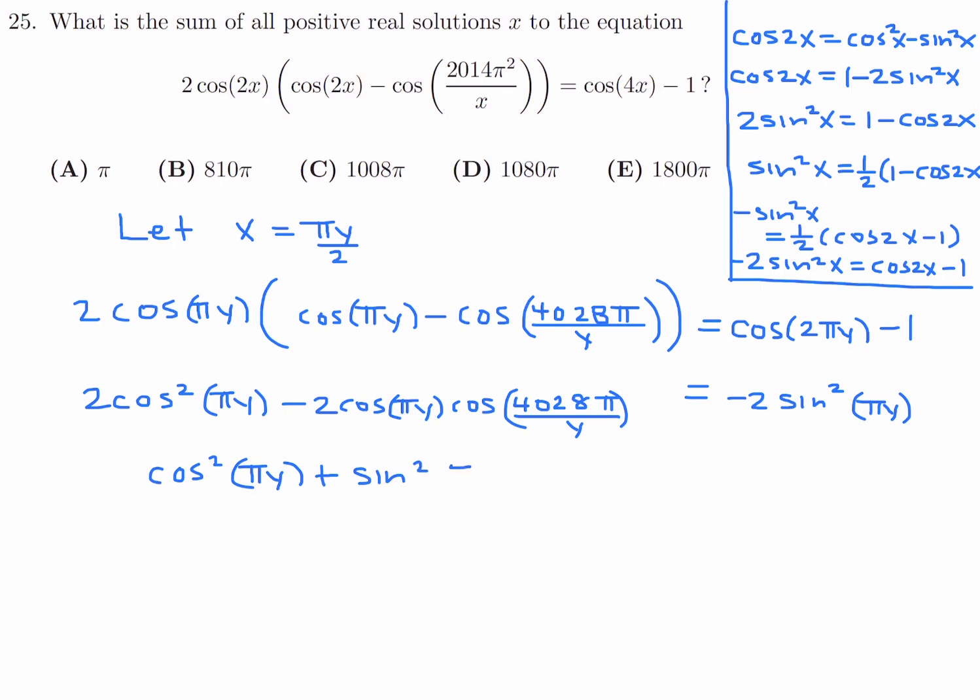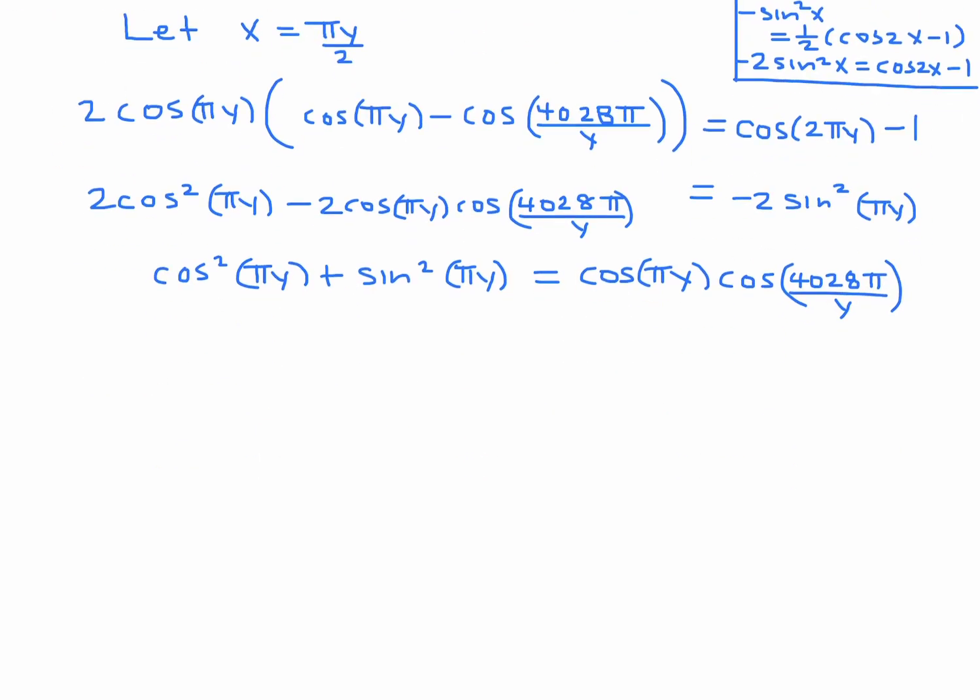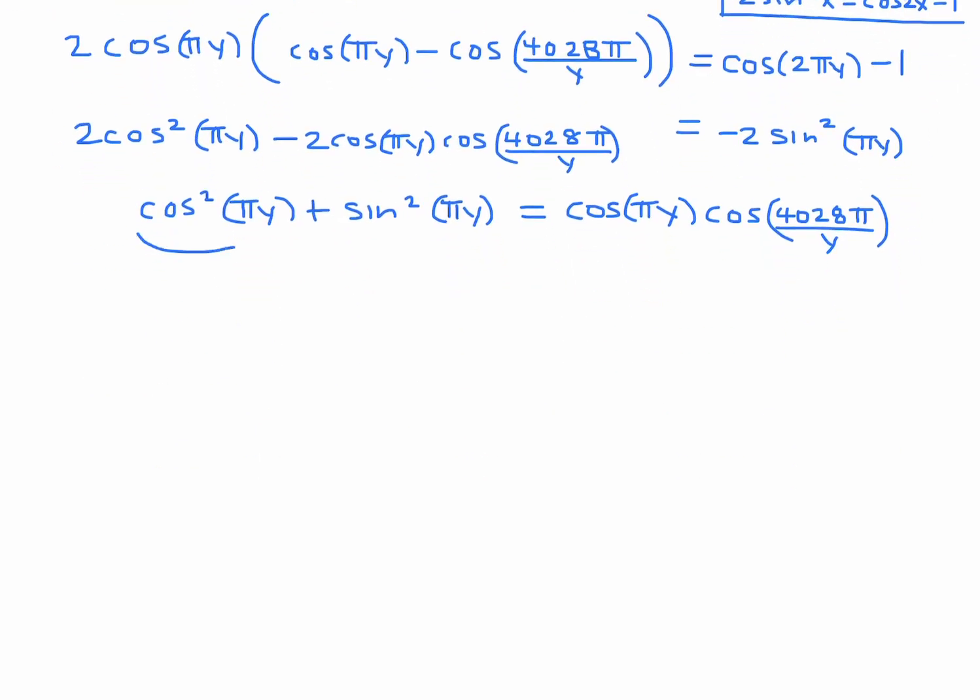So we're going to have cos squared pi y plus sine squared pi y, and then put the other guy over on this side, cos pi y times cos of 4028 pi over y. Well, as I'm sure you know, this is equal to 1. So that works out very nicely.